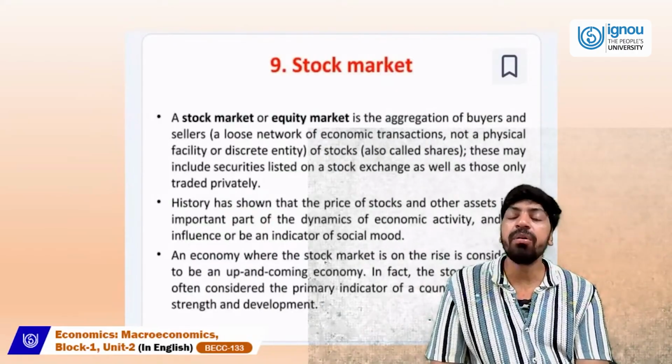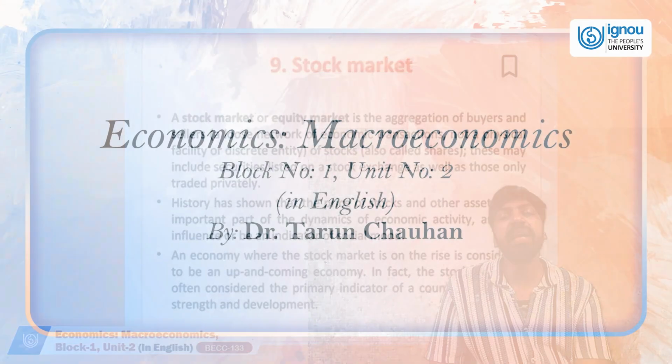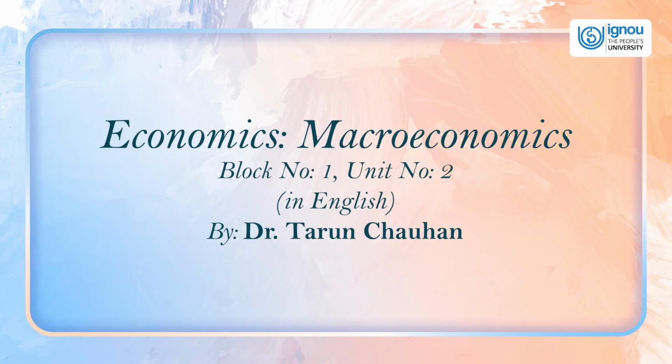The stock market, or equity market, refers to an aggregation, or combination, of buyers and sellers involved in buying and selling stock, called shares. It also includes all the securities or products of the stock exchanges, which are traded publicly and privately.